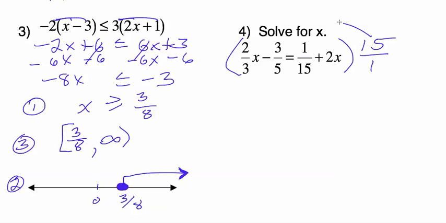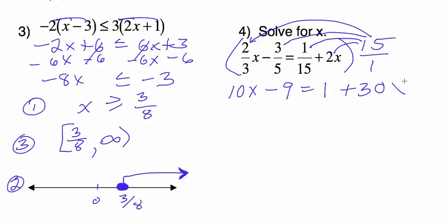So then here I'd have 30 over 3, which is 10, minus 45 over 5, which is 9, equals 15 over 15, which is 1, and plus 30x. So I would minus 30x from both sides.